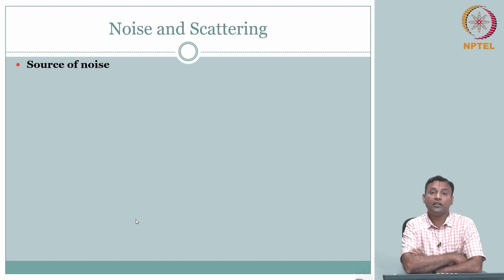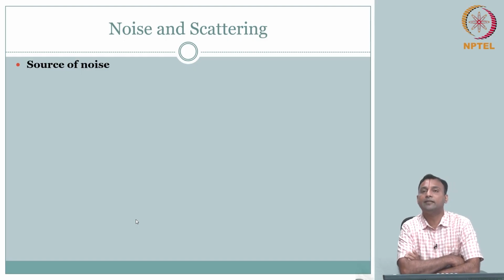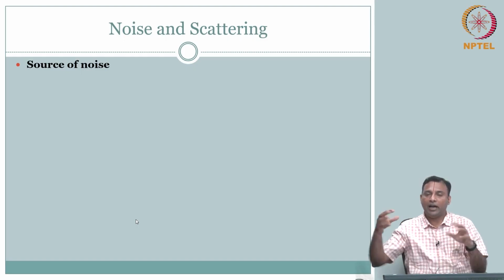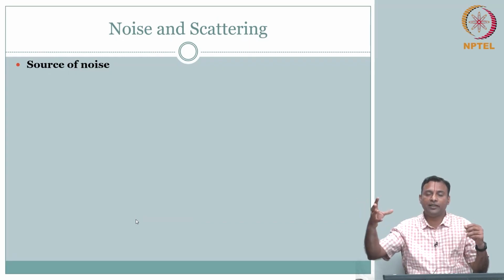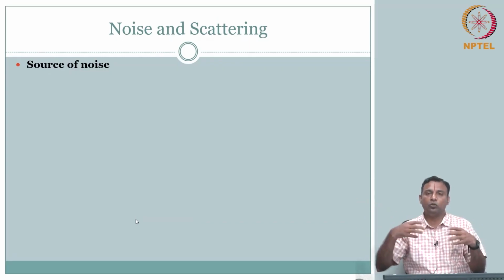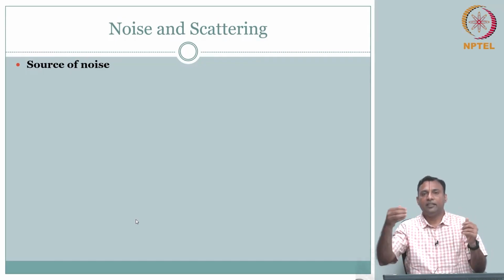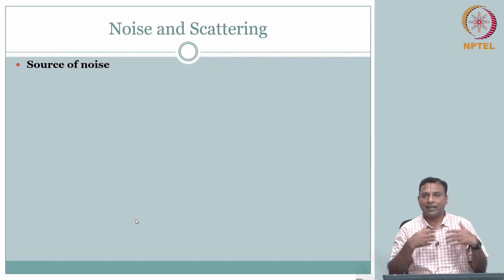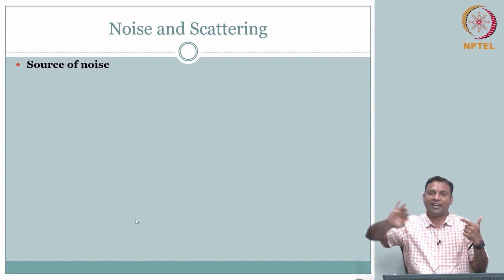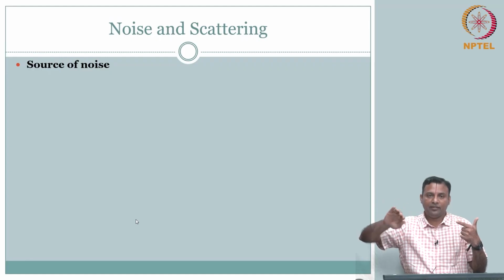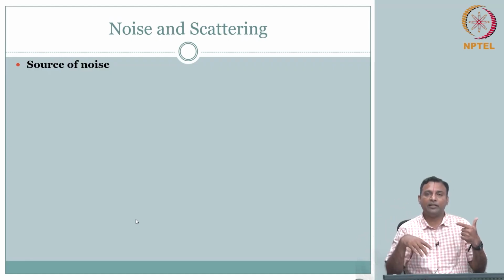So noise, what is noise? What we have pretended so far is, I have this physics: the X-ray tube generates photons, they come through the filtering and restriction, go through the body, and interact for photoelectric effect and Compton scattering. We said scattering will be discussed after completing the noise part.